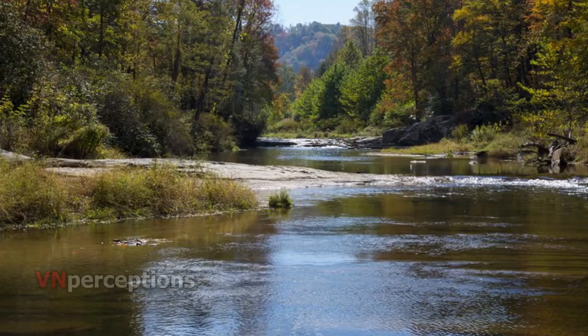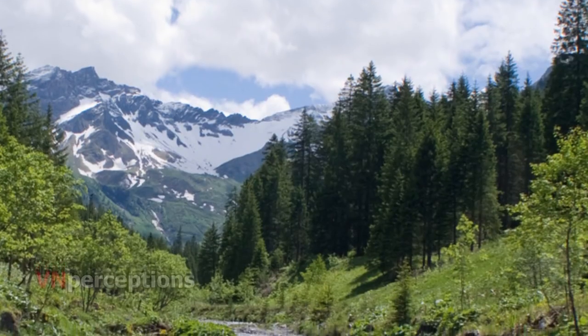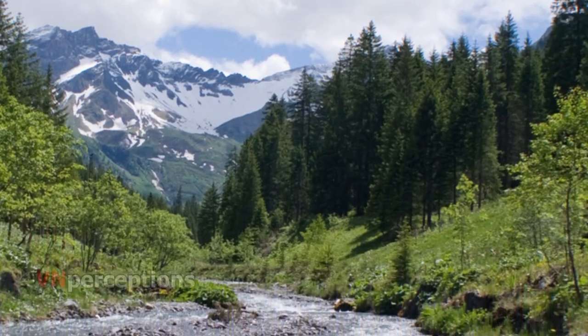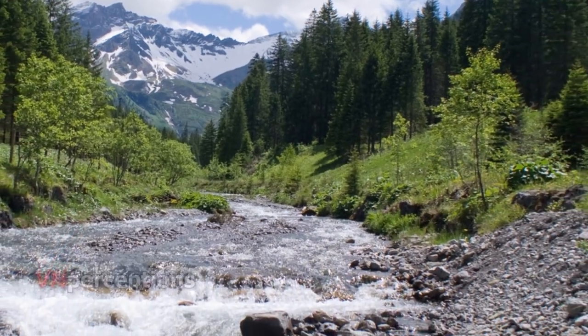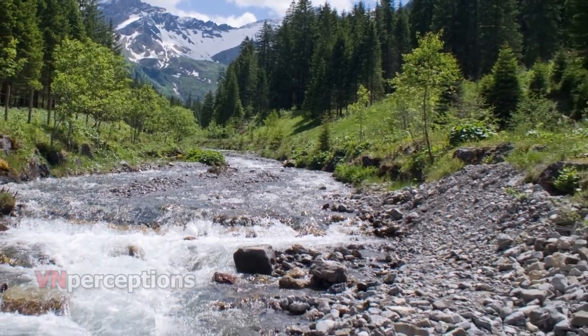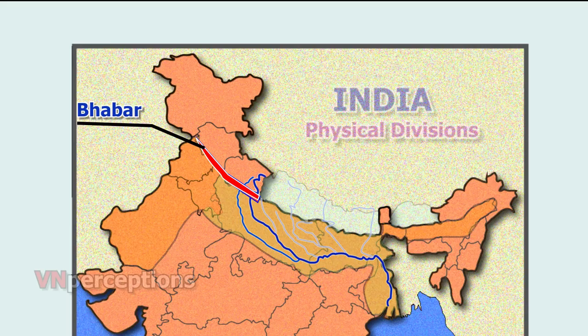These rivers come down with great force and they bring along with them stones. So at the foothills of Himalayas, there are regions where there is accumulation of stones, pebbles, gravels, and sand. These regions are known as Bhabar.